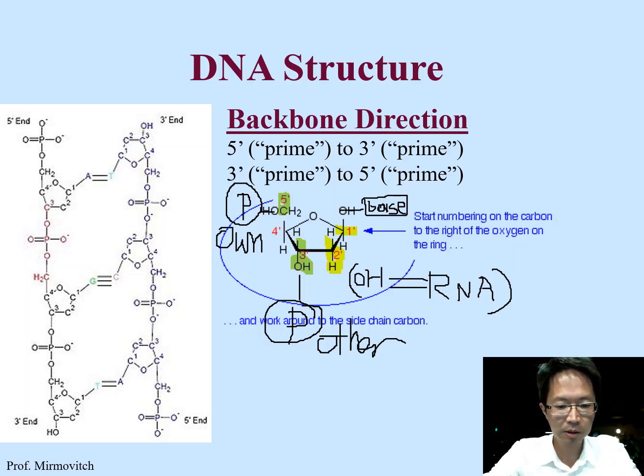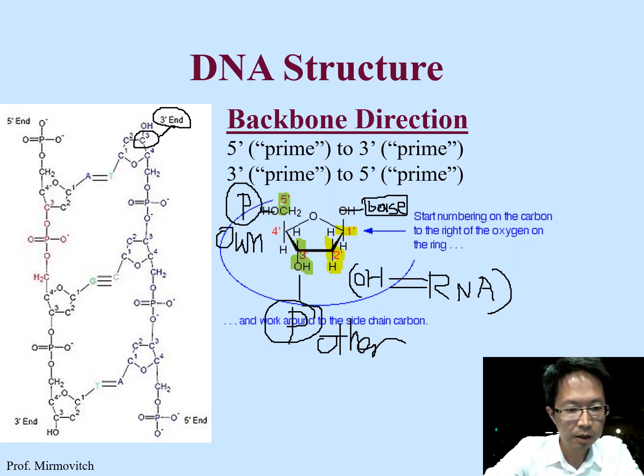And then we talk about 3' to 5', 5' to 3' because, as I mentioned, this is the 3' carbon, that's why this is the 3' end, and this is the 5' carbon. That's why this is the 5' end. Similarly, this is the 5' end because this is the 5' carbon.